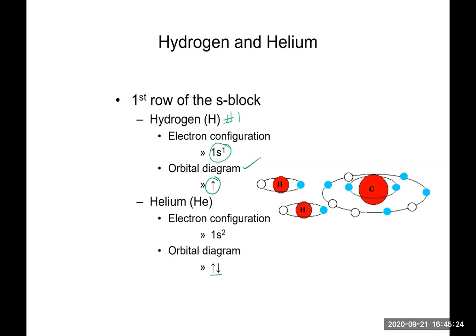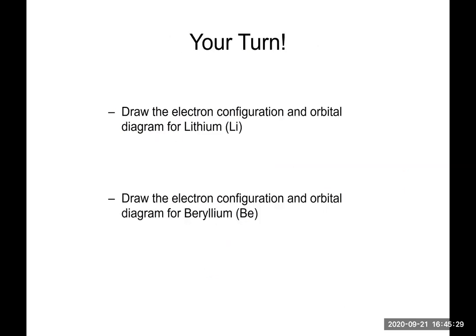We draw one up and we draw one down. With lithium, we know lithium is atomic number 3, and you can either use a periodic table if you have it right next to you, or the Aufbau diagram. I'll just draw the Aufbau diagram really quickly.